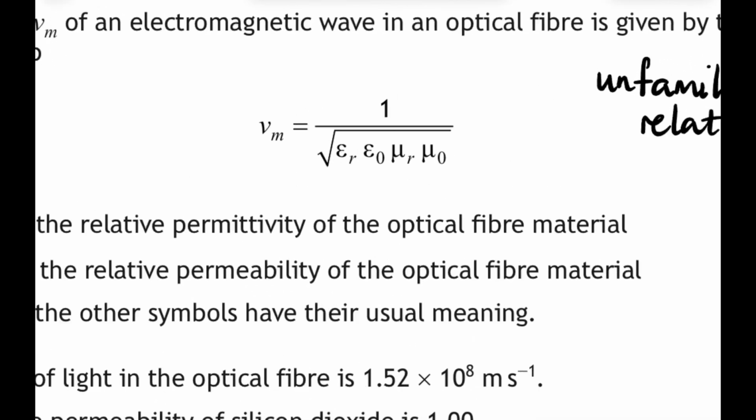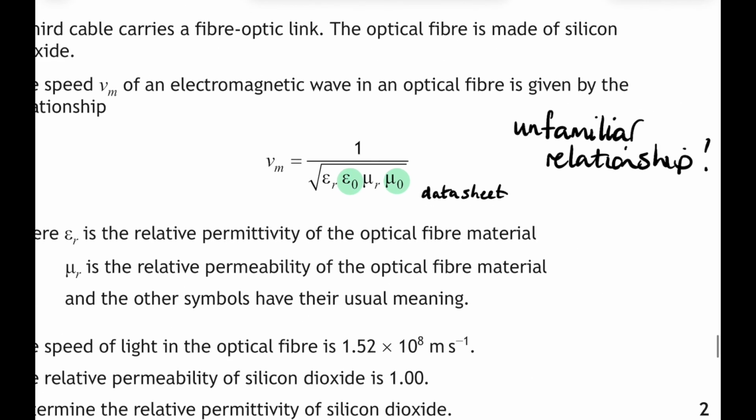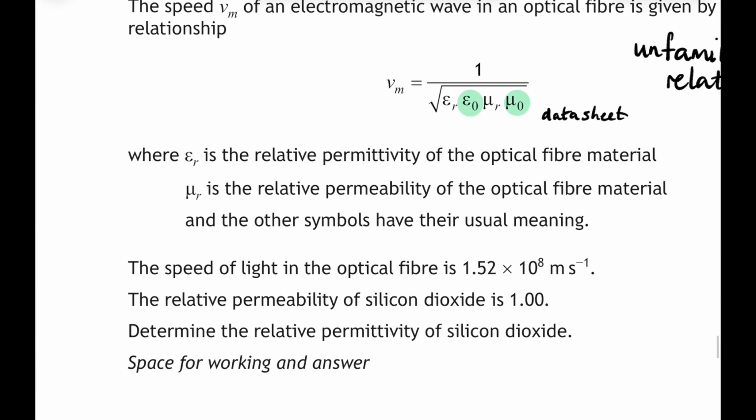Now there's loads of symbols in that relationship. We know Vm is the speed of the wave in the material, E naught's on your data sheet and mu naught is on your data sheet. That's the permittivity of free space and the permeability of free space. Now ER is the relative permittivity of the optical fibre material.